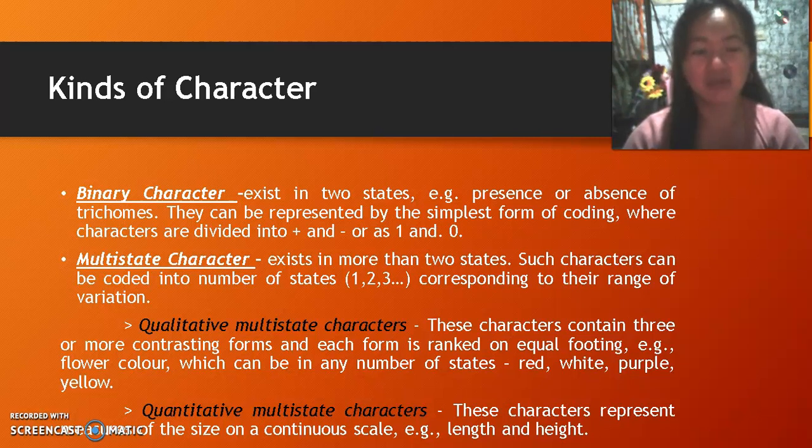These contain three or more contrasting forms, and each form is ranked on equal footing, like flower color, which can be in any number of states, like red, white, purple, and yellow. The second is quantitative, also known as continuous multi-state characters. These represent measures of size on a continuous scale, like length and height.